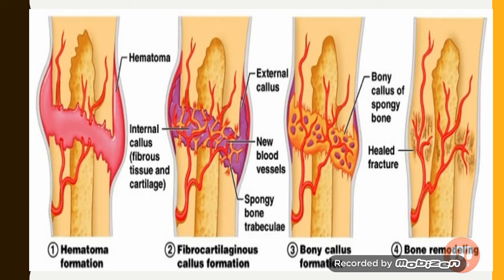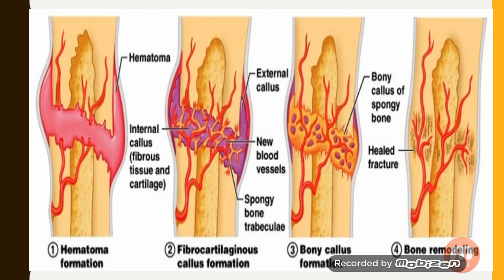Now the union of the bone is of two types. It may reunite or it may not reunite, and if the reunion has not occurred properly, this is called malunion.